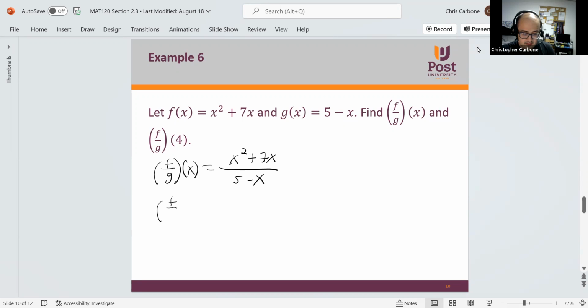For f divided by g of 4, we can put 4 in and see what happens. 4 squared plus 7 times 4, all divided by 5 minus 4. So 16 plus 28 divided by 1. This just means 44.